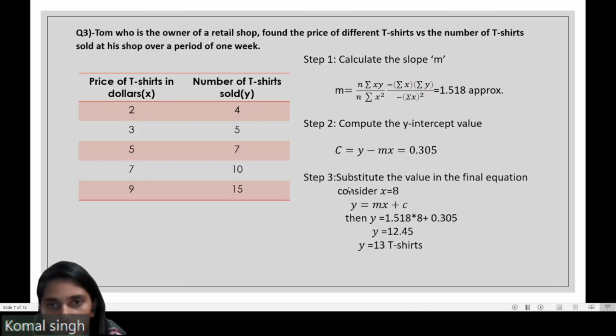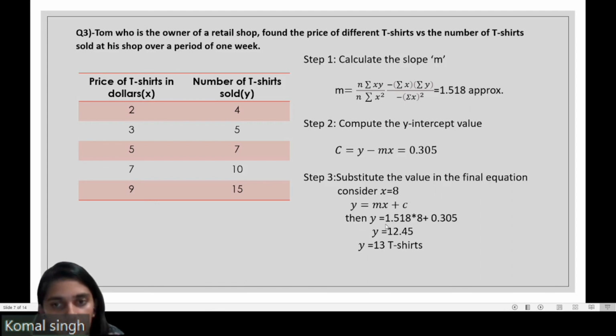Then step 3 is to substitute the values in the final equation. Consider that I have randomly taken a number x equal to 8; we can take any other number also. So we have to substitute these values in the final equation and find the value of y, so y = mx + c.